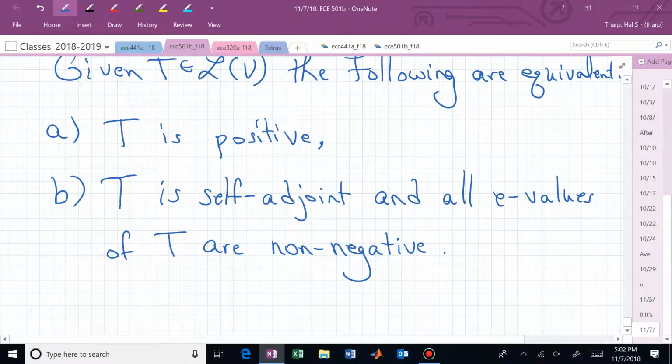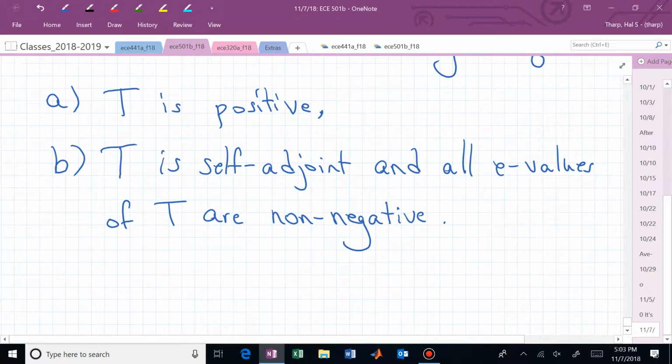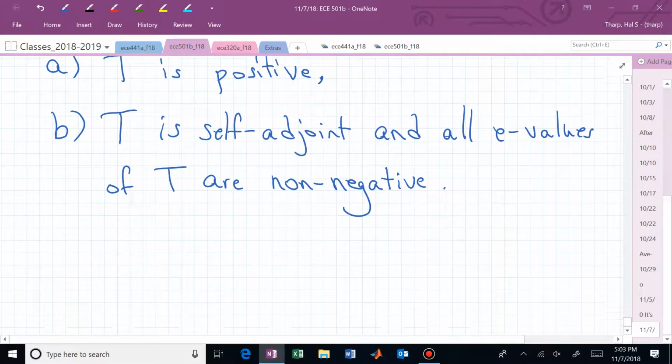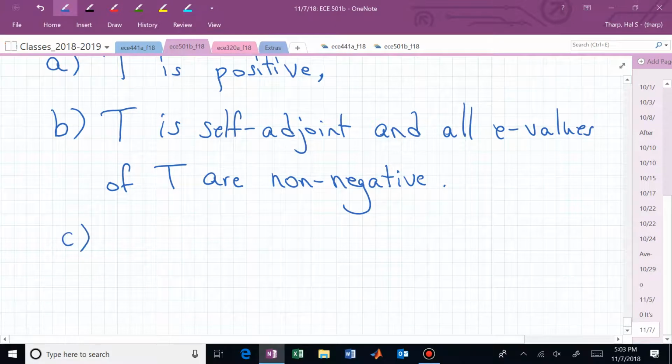We're not saying they're all positive, so some can be 0, and it will still be a positive operator. C: T has a positive square root.